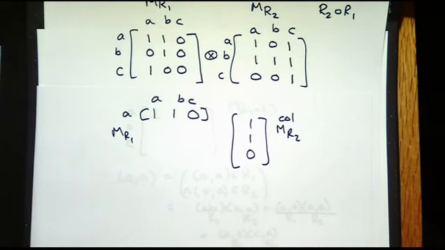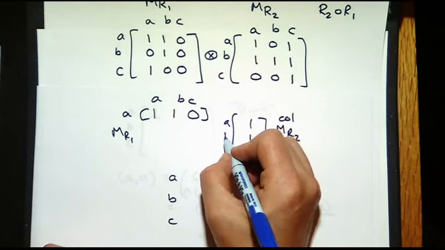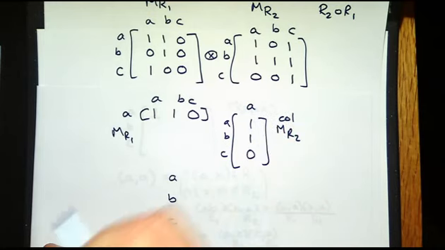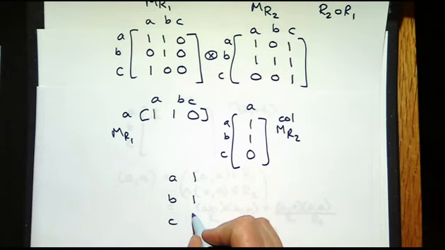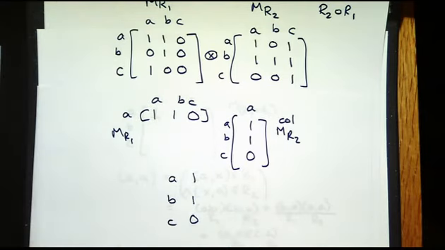And then what I have to do is turn this sideways. So I turn it so A, B, and C go this way, because that's where they are. So this is the A column from R2, and the A row, so this is going to give me the AA element in my composition. So I have to turn it so the A is on the top. And then I AND all of these. So I get a 1 there, I get a 1 there, and I get a 0 there.